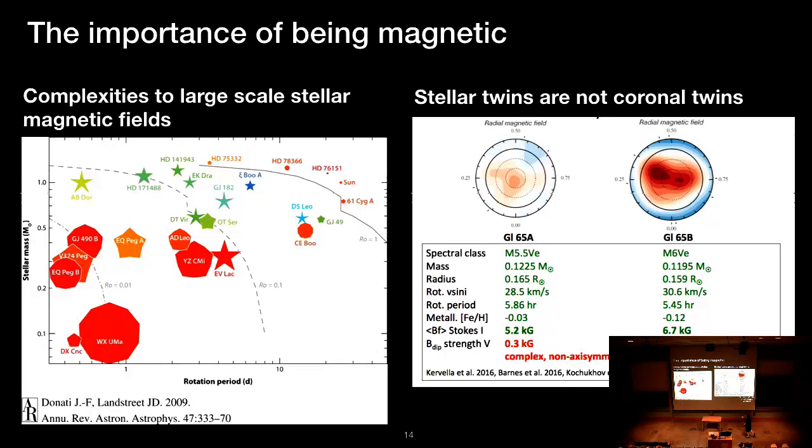The color refers to the overall shape of the magnetic configuration. Blue is poloidal and red is toroidal, and I may have flipped that. And the number of points on each symbol tells you how axisymmetric the magnetic configuration is. If it's big and almost circular, that's a very axisymmetric magnetic configuration. If it looks like a star, it's very non-axisymmetric.